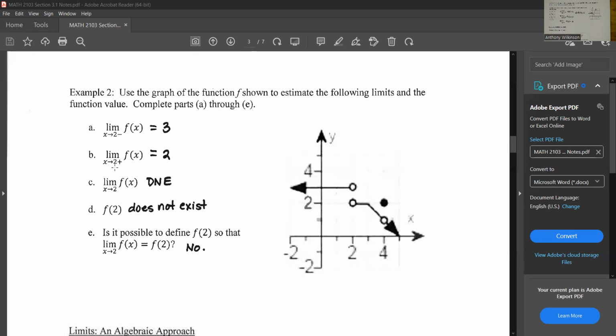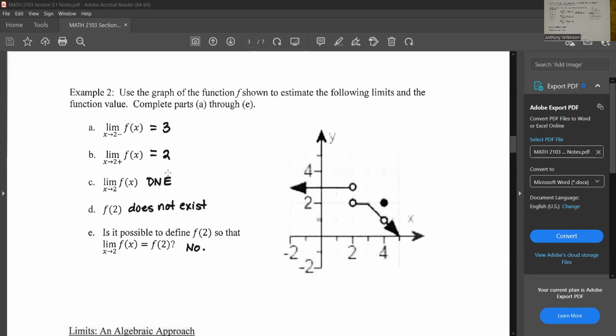Now, for x approaches 2 from the right, we're coming from the right of 2, as you can see here. That means the value of f of x, as we let the limit approach 2 from the right, gets closer and closer to 2. Now, in part C, the limit does not exist.